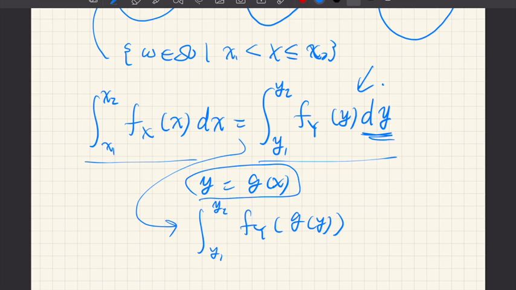Since y is equal to g of x, this will be dg/dx dx. And actually, this y1 should be x1, and this y2 should be x2. We changed the variables here from y to x.